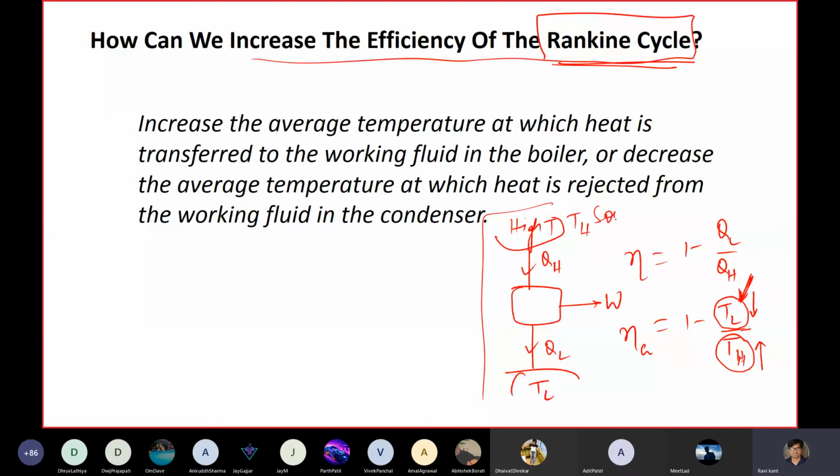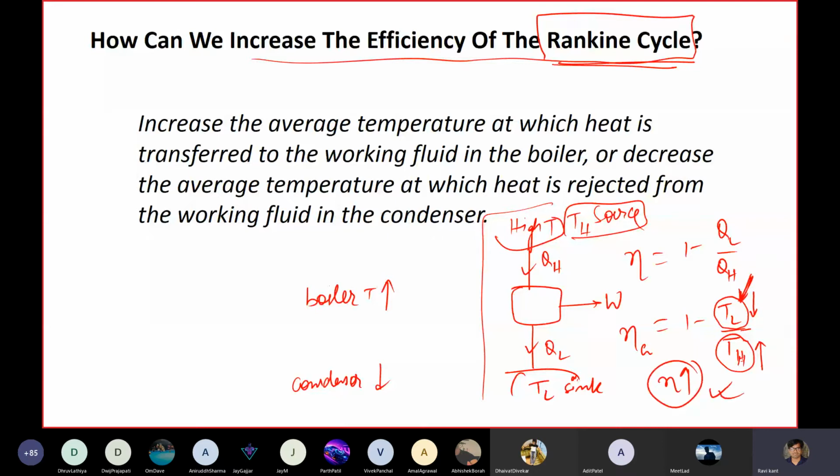This is your source and this is your sink. If your sink temperature, or in the Rankine cycle your condenser temperature, is lowered, or your source temperature, the boiler temperature, is raised, then your efficiency will eventually increase.